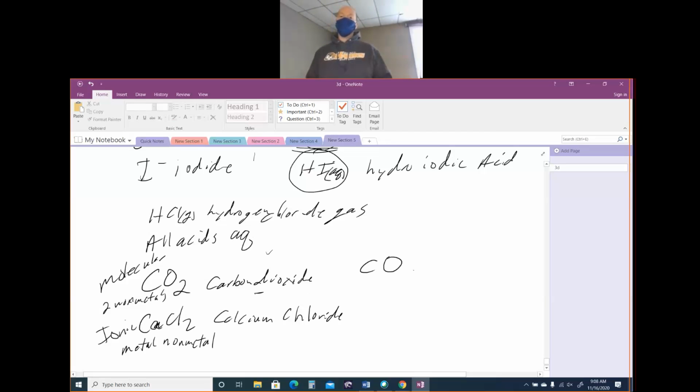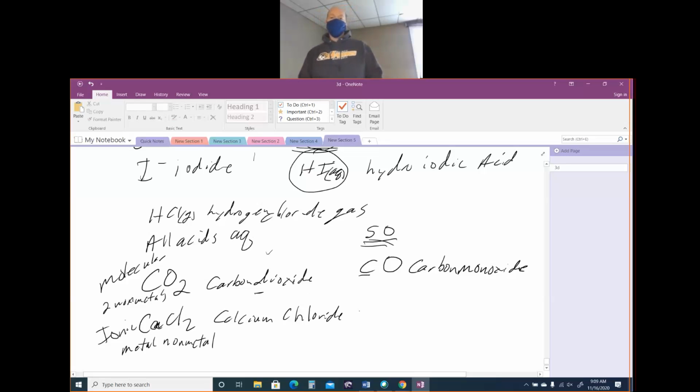You should also know CO is carbon monoxide. So if you're not sure whether it's monocarbon monoxide, you know that it's carbon monoxide. If it gave you SO, you would know that is sulfur monoxide, because it's two nonmetals. You name them the same as the ones that you know.